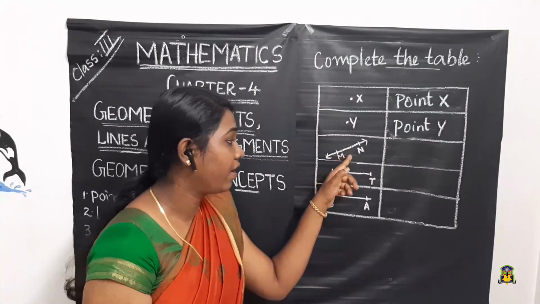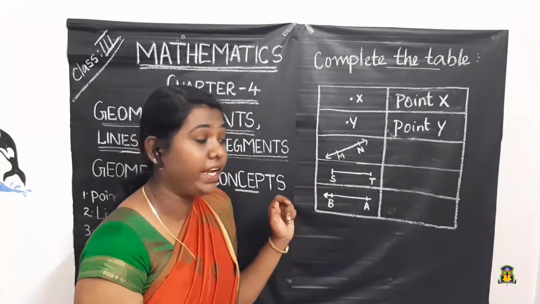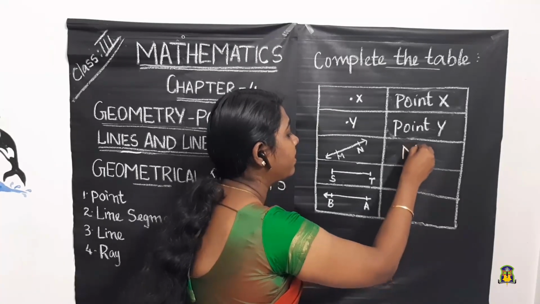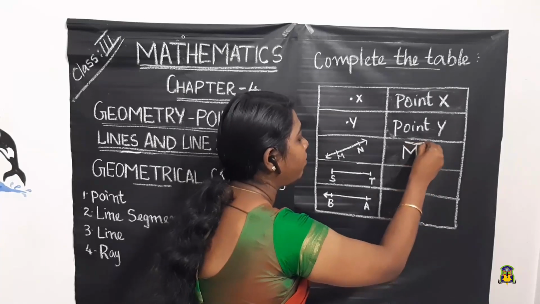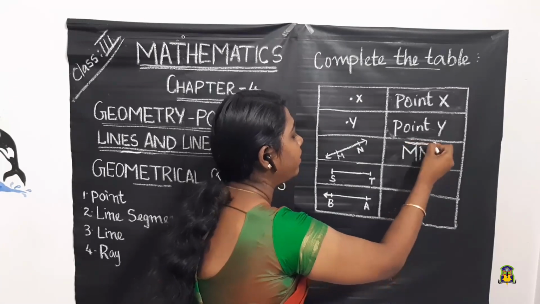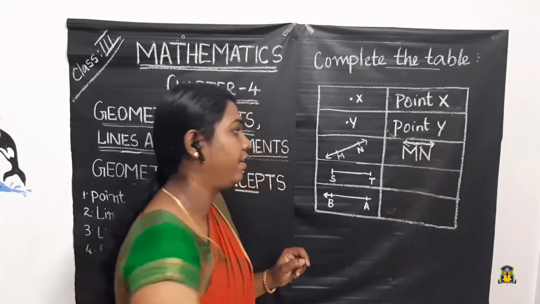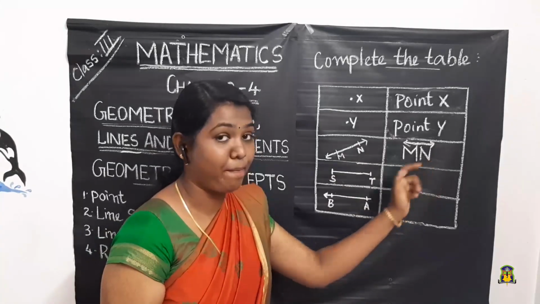Okay, and we can call it line MN. How will you represent line MN? That is, MN you will write here, then a straight line you will draw here, then 2 arrows on both sides of the straight line. Okay, this is line MN.